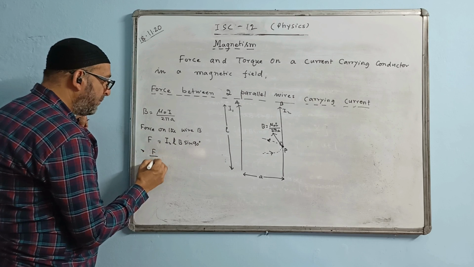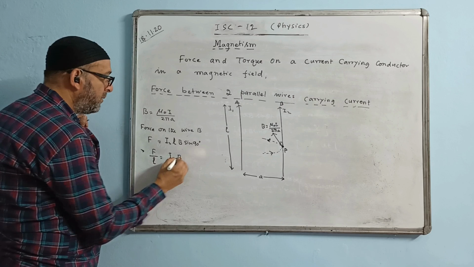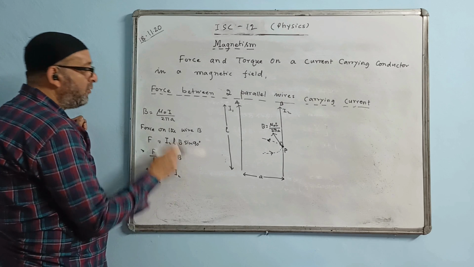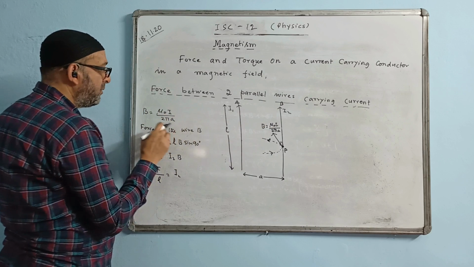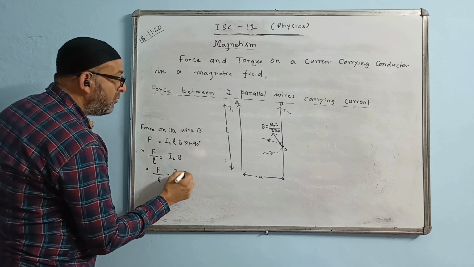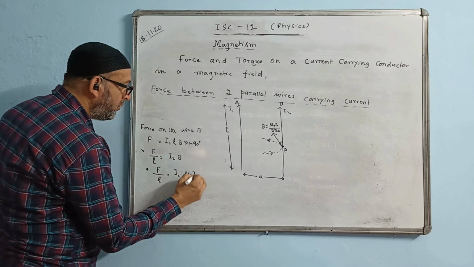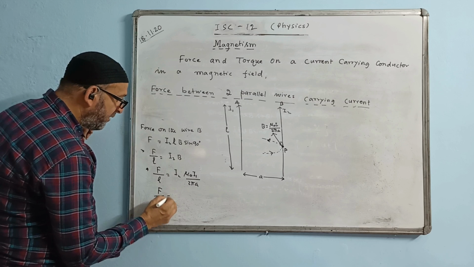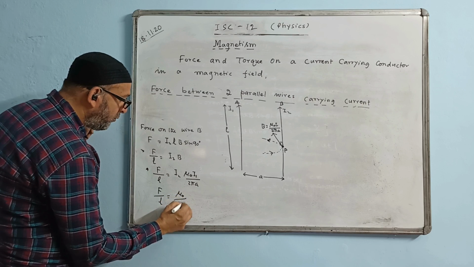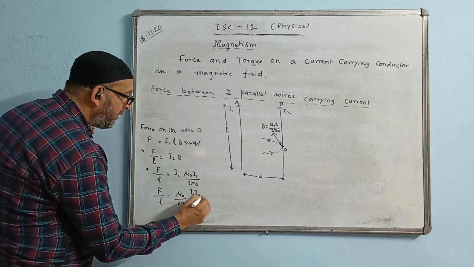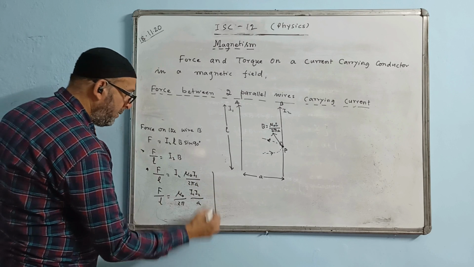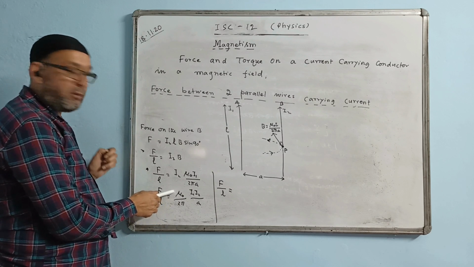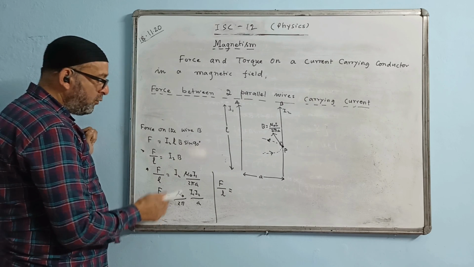I make F by L the subject. I to B, sin 90 is 1. F by L over here. I put the value of B. The value of B is mu naught I1 by 2 pi A. Ultimately, I write out the equation and this F by L is equal to mu naught by 2 pi times I1 I2 by A. Next line you can write F by L equal to, mu naught value is 4 pi into 10 to the power of minus 7. 4 pi and 2 pi cancel.